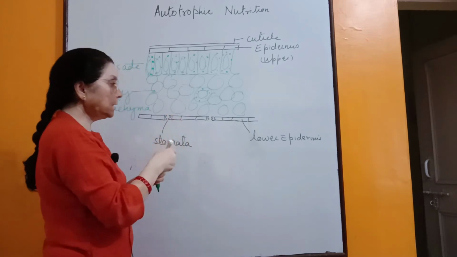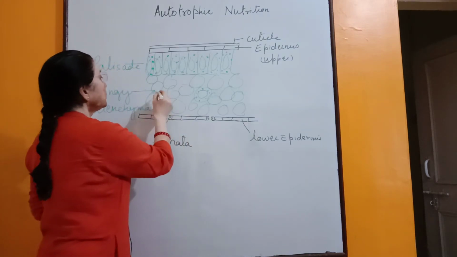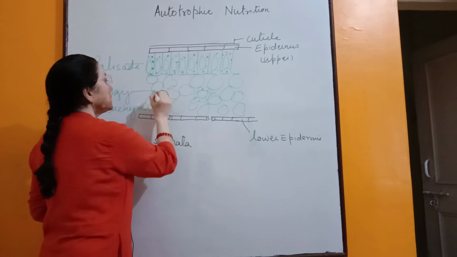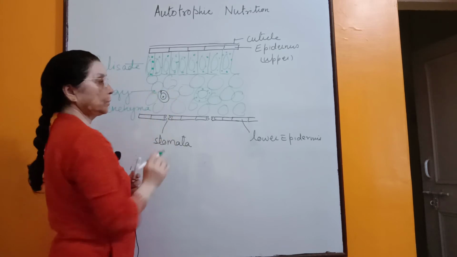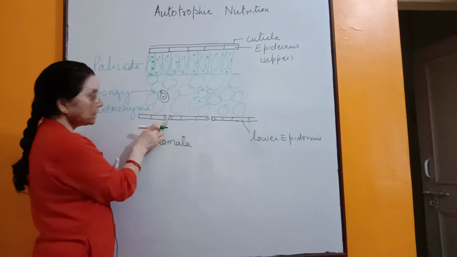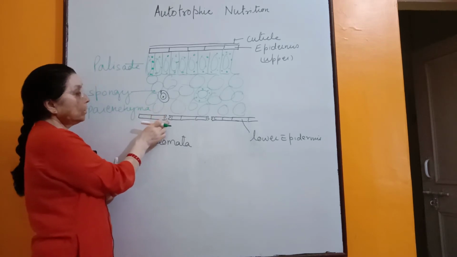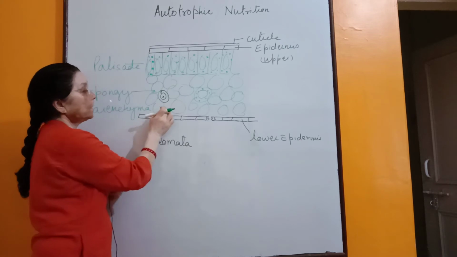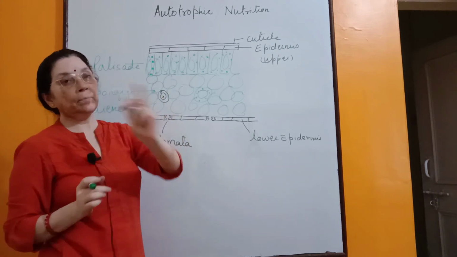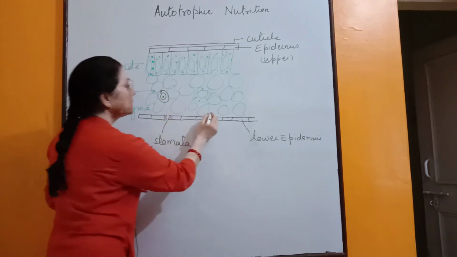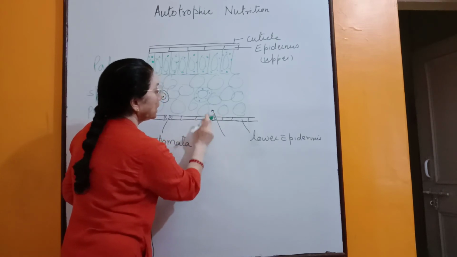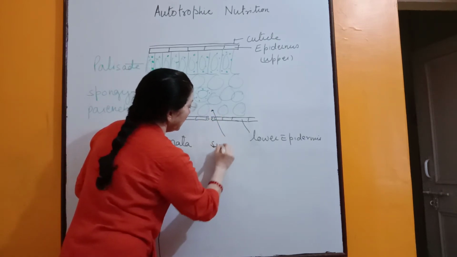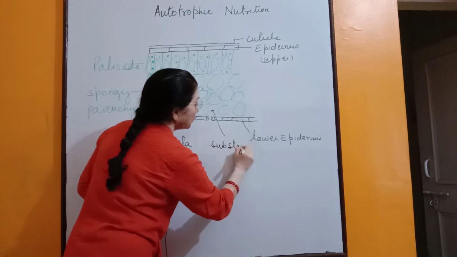In between there is vascular tissue. Around the stomata there is a certain space, and this space we call the substomatal space.